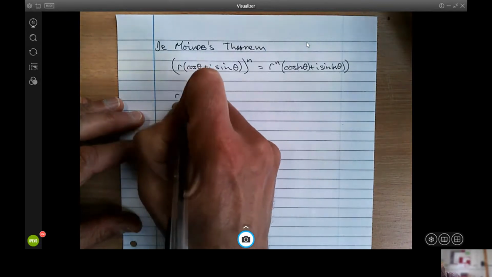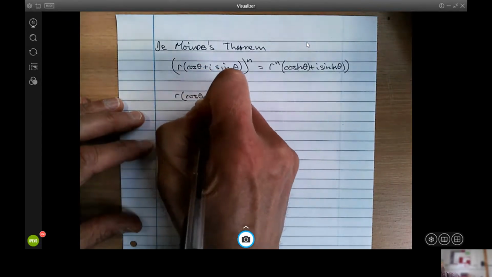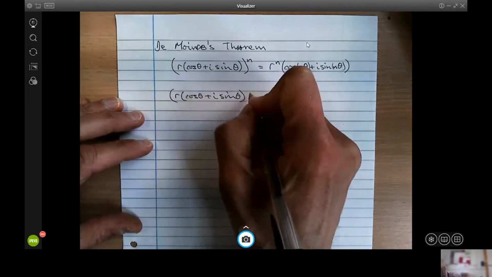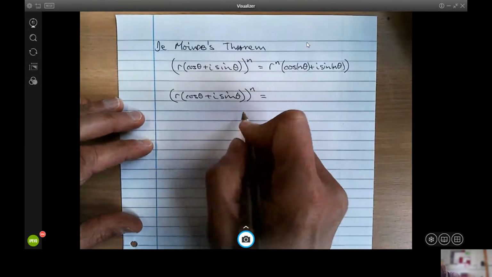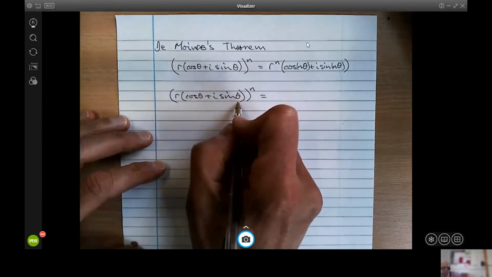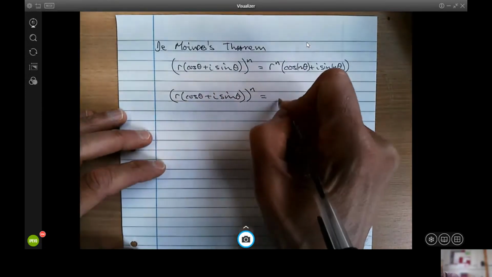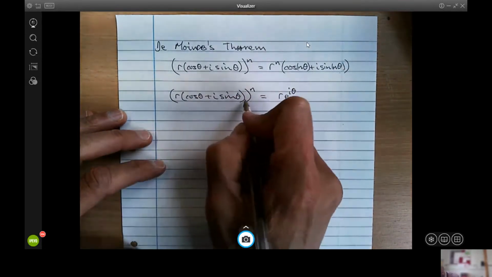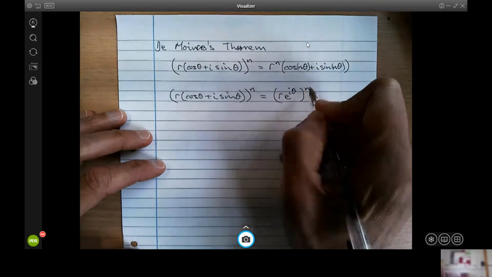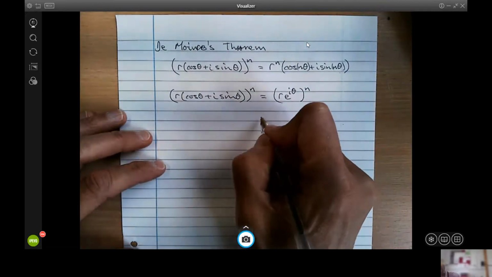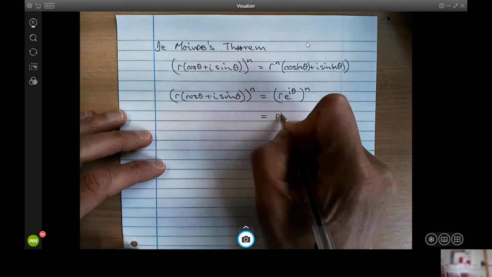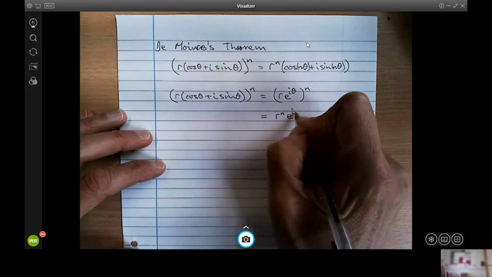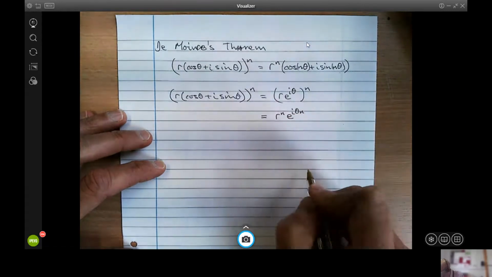So r(cos θ + i sin θ) to the power of n is equal to, well, we can write this in exponential form, so that is (r e^(iθ))^n. And now we're going to say that this is r^n times e^(iθn), or e^(inθ).